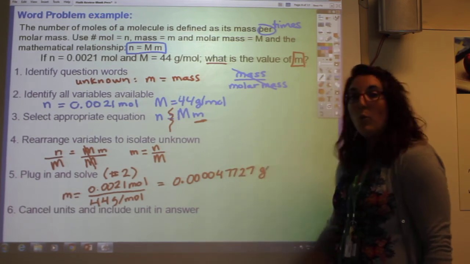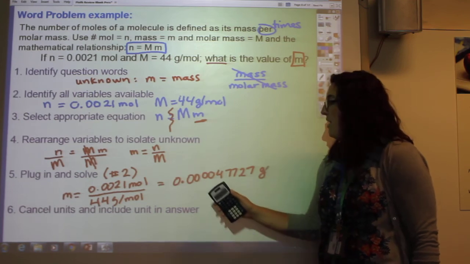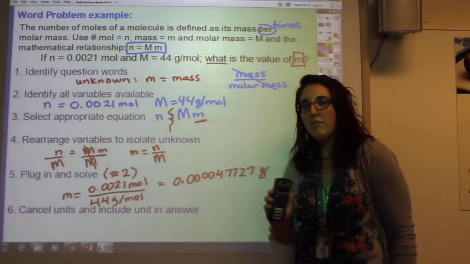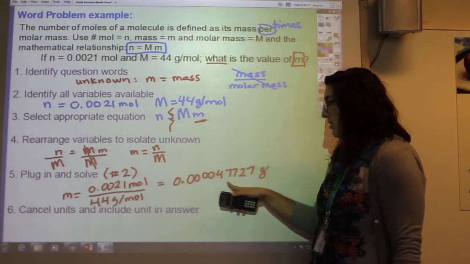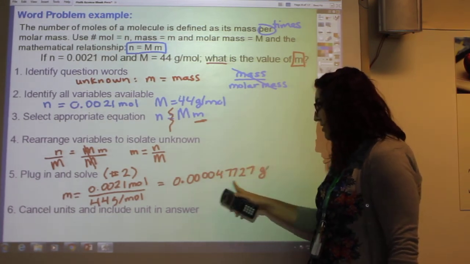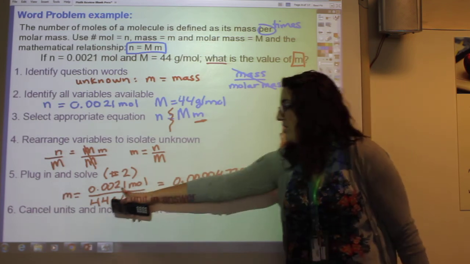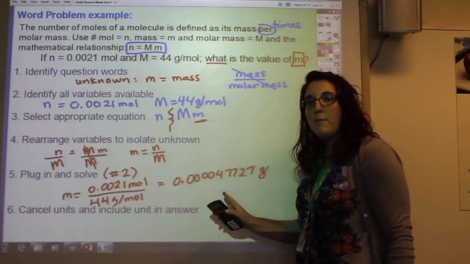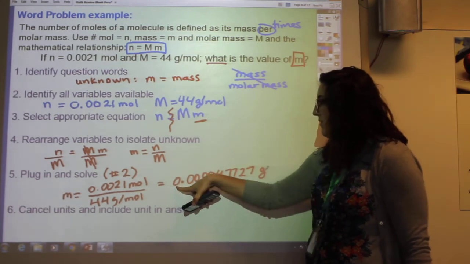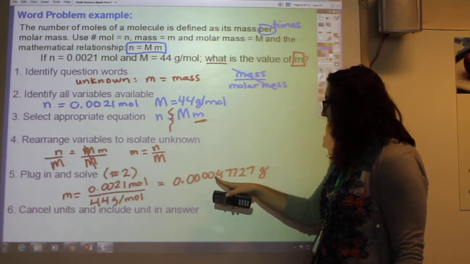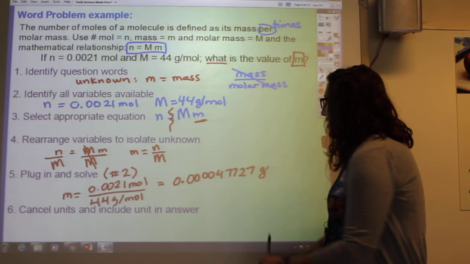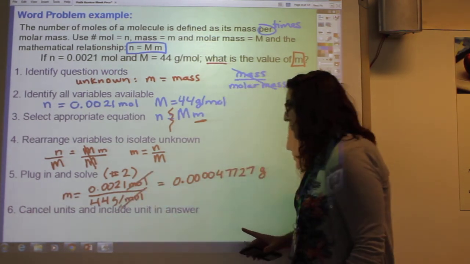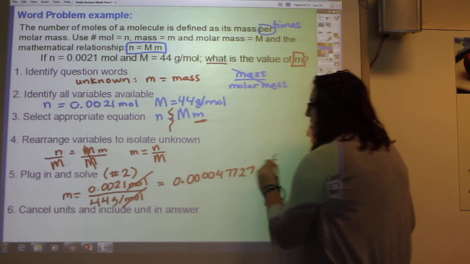Okay, now one comment, we will learn next week how to have the correct number of significant figures, because this is a lot of significant figures compared to these numbers here that only have 2. We will also learn how to put numbers into scientific notation so I don't have to write out 5 zeros like this, okay? But we canceled our units, moles cancel, and we included our unit in our answer.